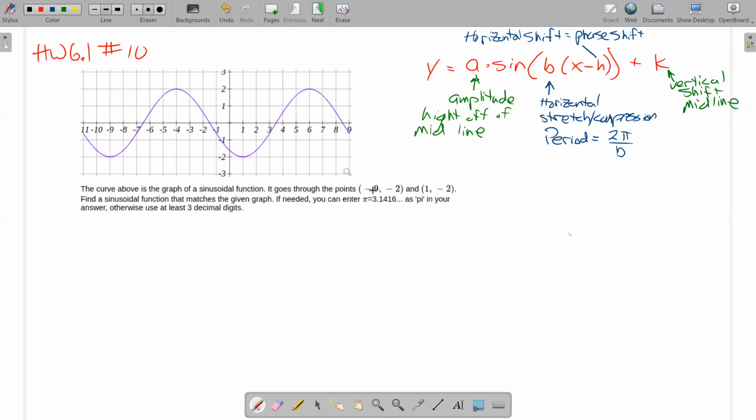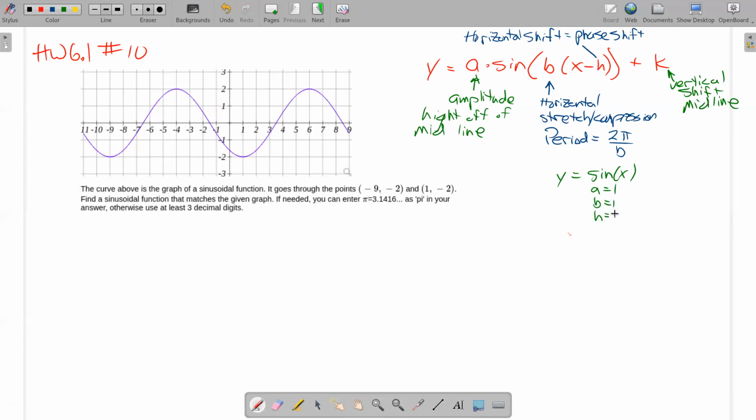And then we're given some specific points down here. So based on those points, we should be able to determine if any of the numbers A, B, H, or K changed from the typical. So typically, if we just think about the sine, there's no change in the amplitude. A is 1. There's no horizontal stretch or compression. B is 1. There's no shift left or right.